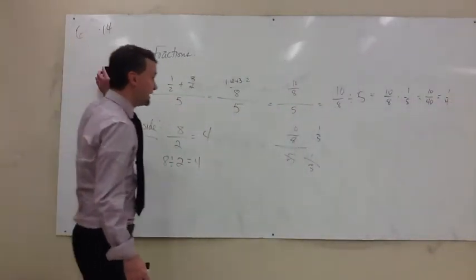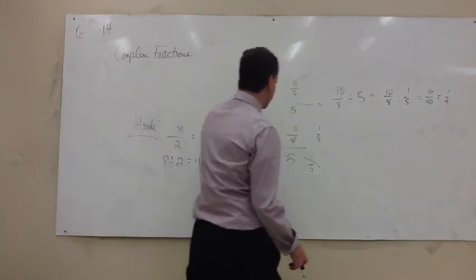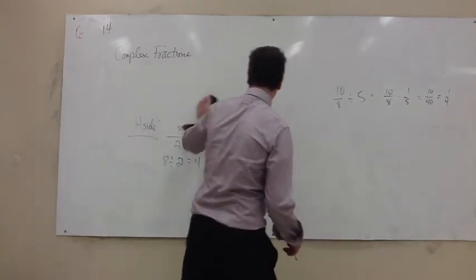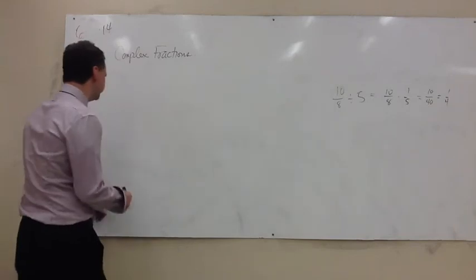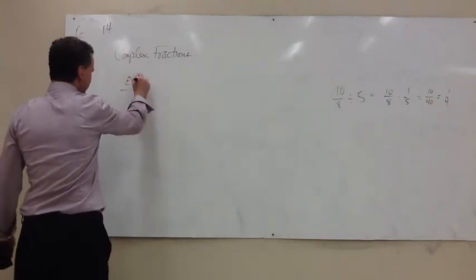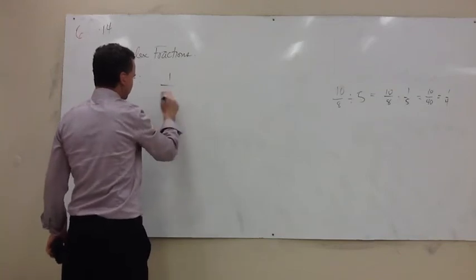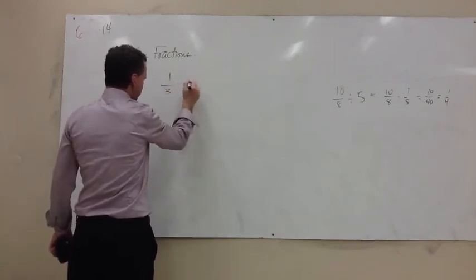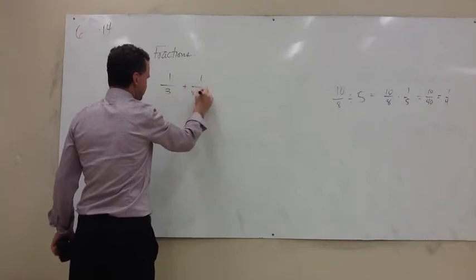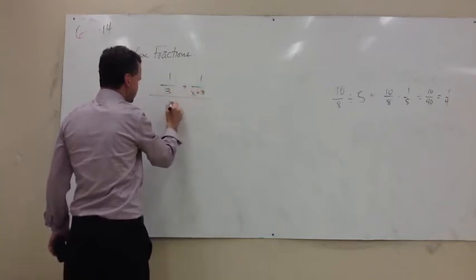Now, if it's algebraic, it makes it slightly more complicated. So, if I ask you to simplify 1 over 3 plus 1 over x plus 3, all over x plus 3.